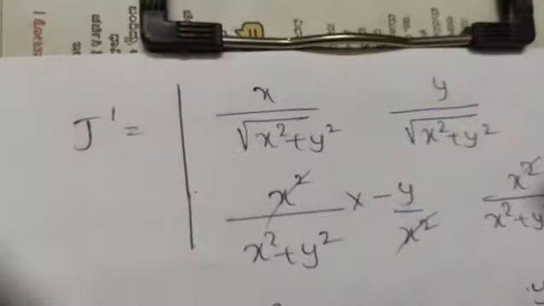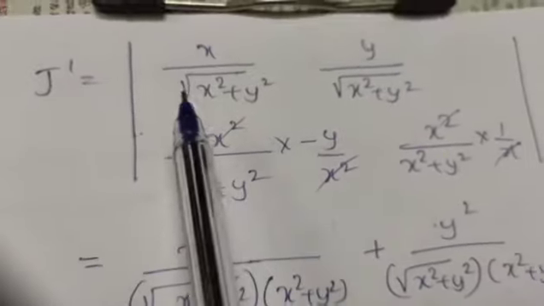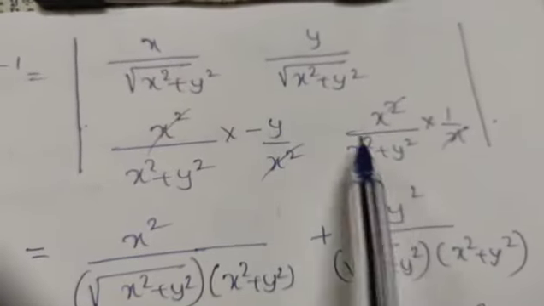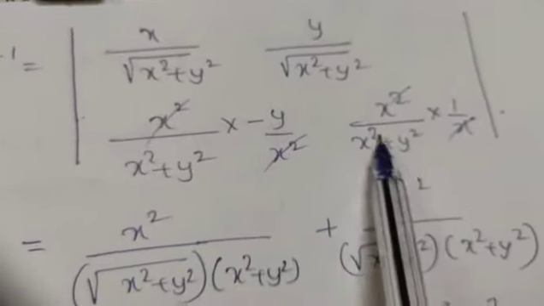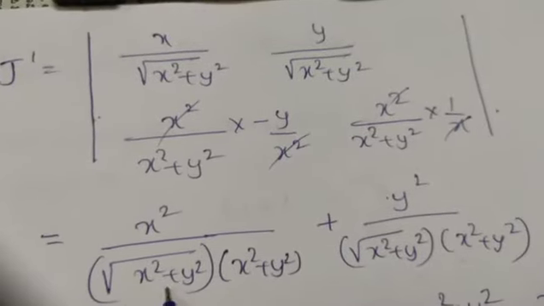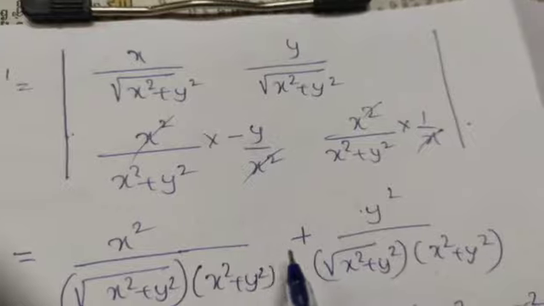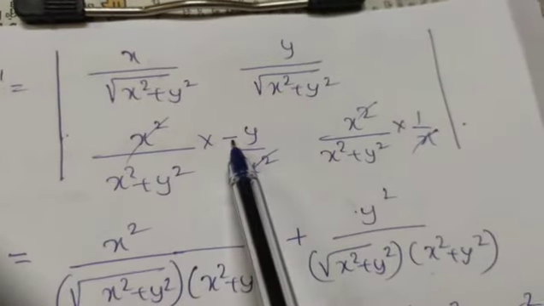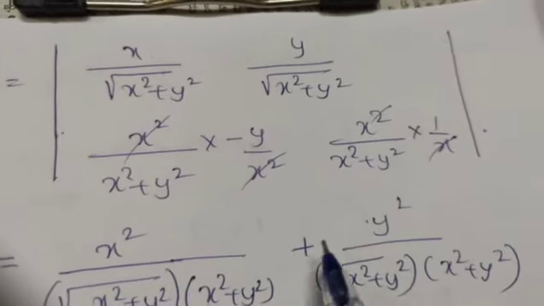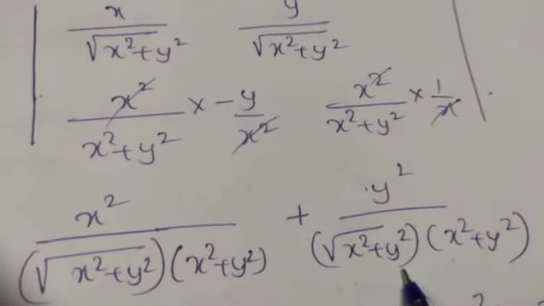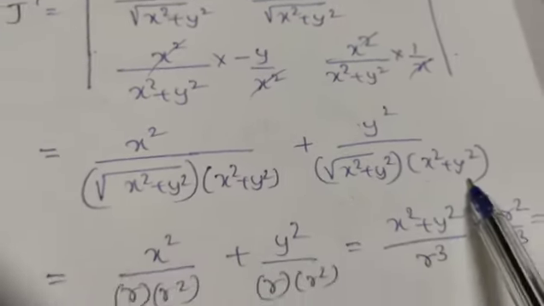Let us simplify this. J' is equal to, cross multiplying these two, x² divided by √(x² + y²) into (x² + y²), and this is minus, so minus into minus is plus, y into y is y², divided by the same √(x² + y²) into (x² + y²).